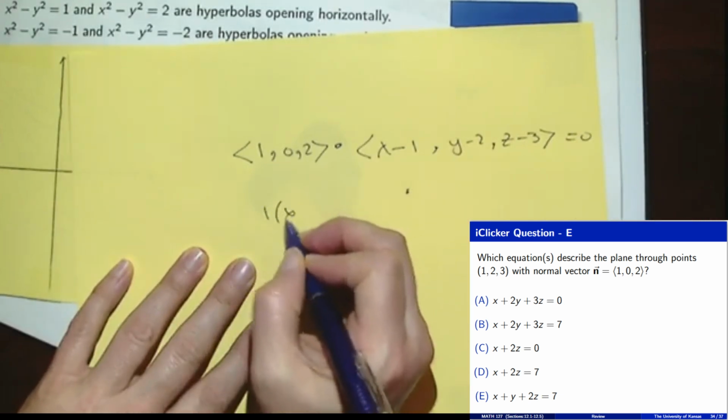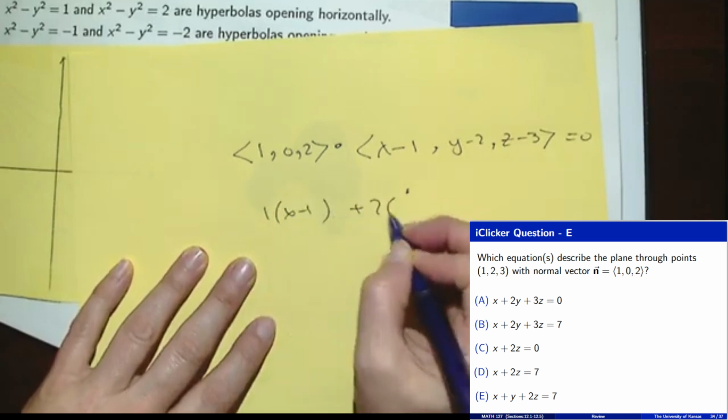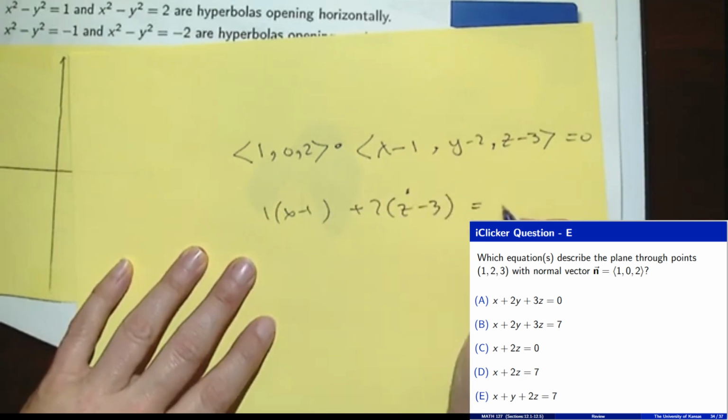So it's 1 times x minus 1 plus 2 times z minus 3.